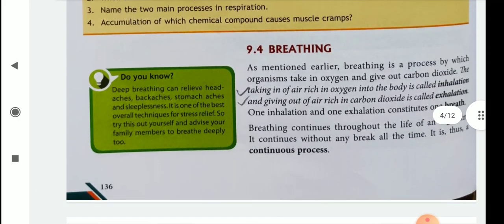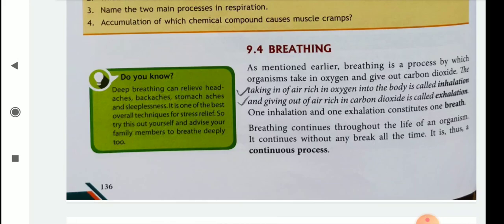Then comes breathing. As mentioned earlier, breathing is a process by which organisms take in oxygen and give out carbon dioxide. The taking in of air rich in oxygen into the body is called inhalation, and giving out of air rich in carbon dioxide is called exhalation.